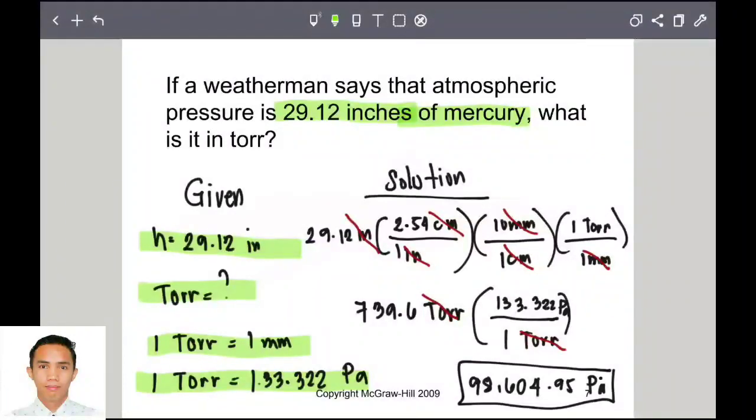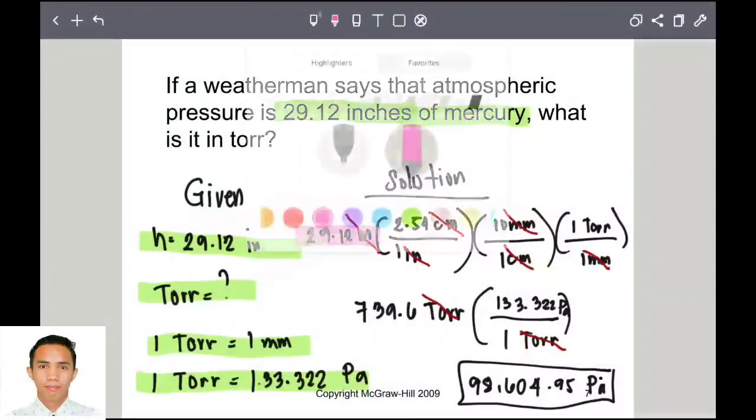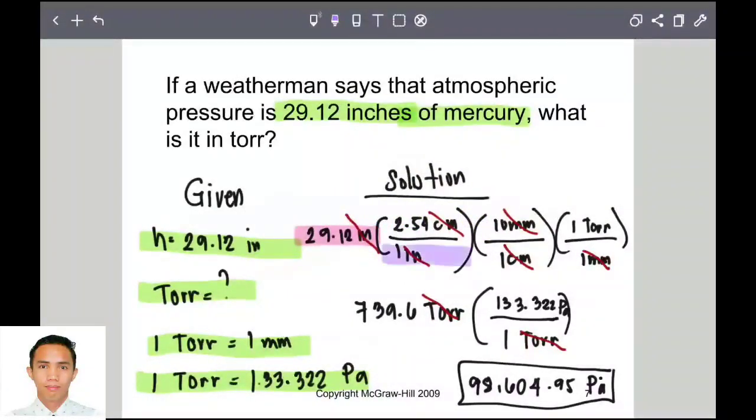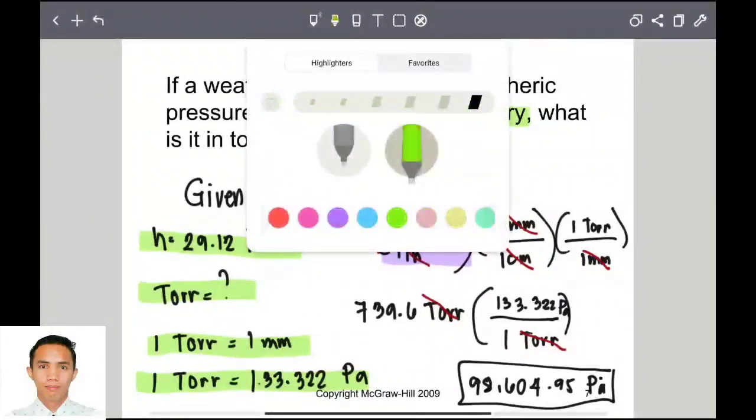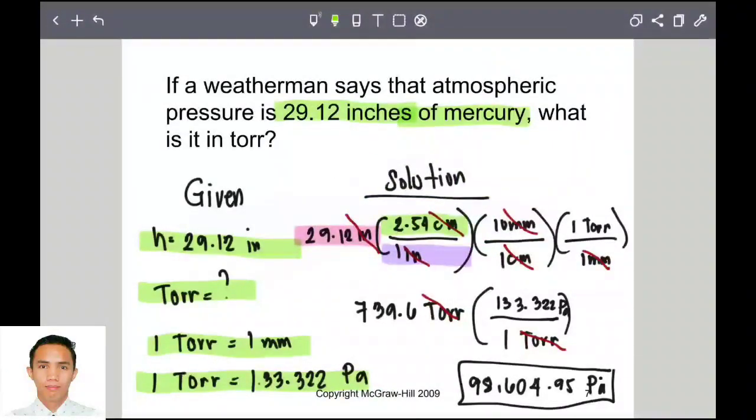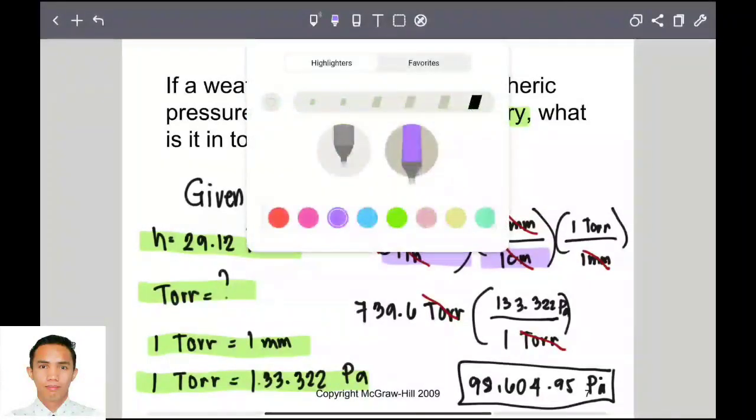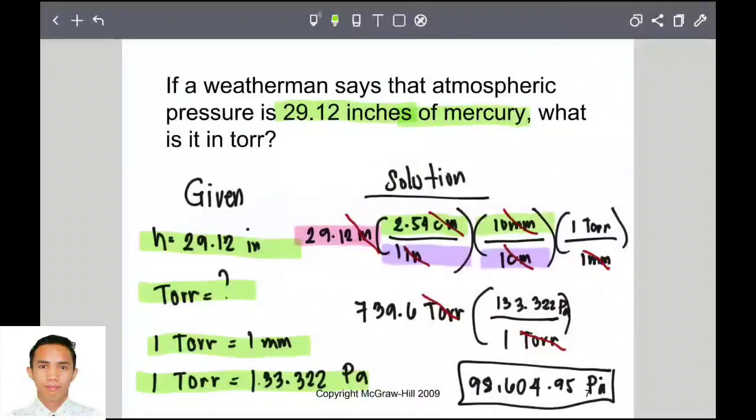So let's use a solution. We have 29.12 inches, and 1 inch is equivalent to 2.54 cm. Then 1 cm is equivalent to 10 millimeter.